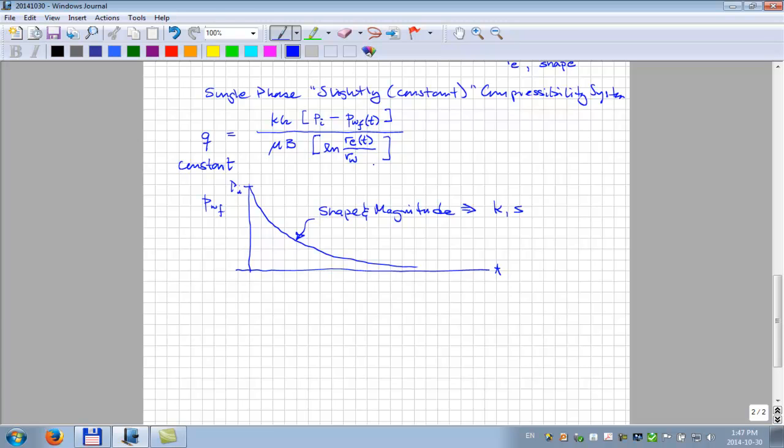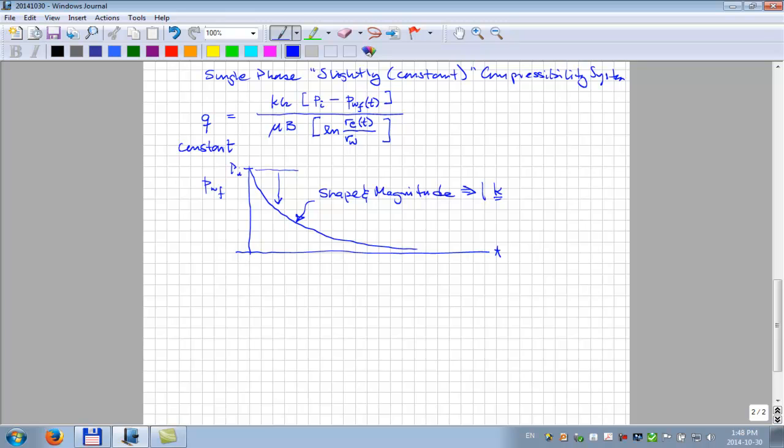We can forget the skin because I've dropped the skin out of this. So I'm just going to say the permeability. So the shape and magnitude is going to give us the permeability. Okay? If we just have a single production drawdown, constant rate, and if we can figure out what the shape is and the magnitude is, how far it's gone down, okay? And the shape is how fast it's going down. Okay? Then we're able to come up with the permeability of the rock.